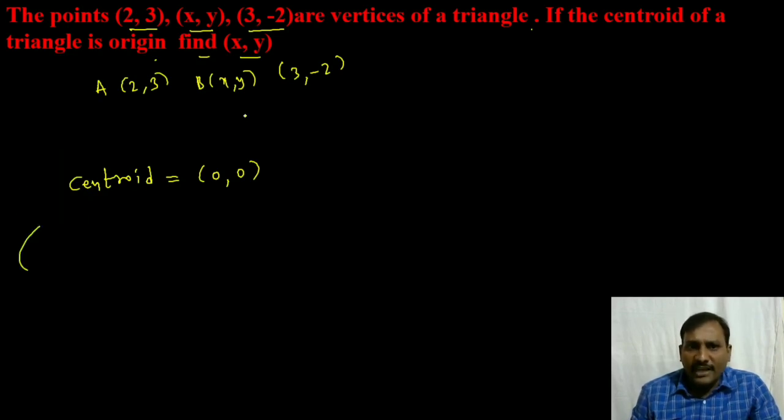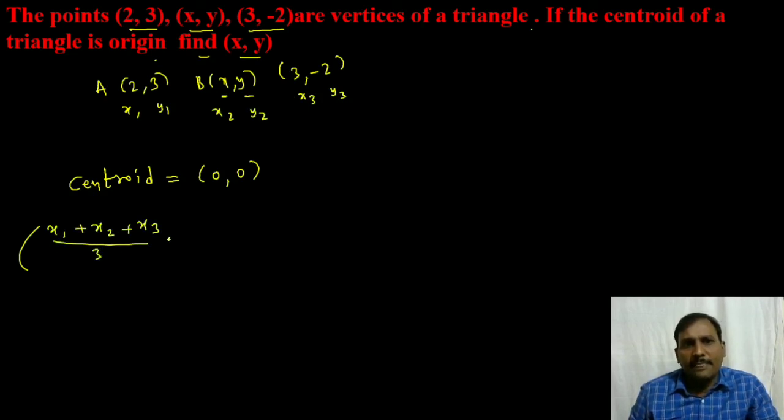So we have to find these missing values x, y. So what is the centroid formula? Let us assume these values as x1, y1, x2, y2 and x3, y3. (x1 plus x2 plus x3) by 3, (y1 plus y2 plus y3) by 3 is equal to 0, 0.